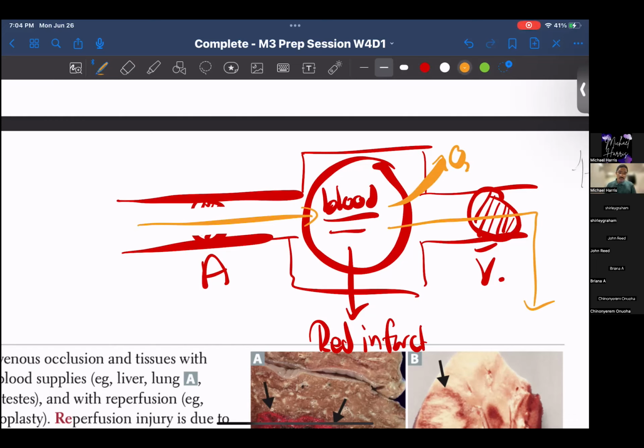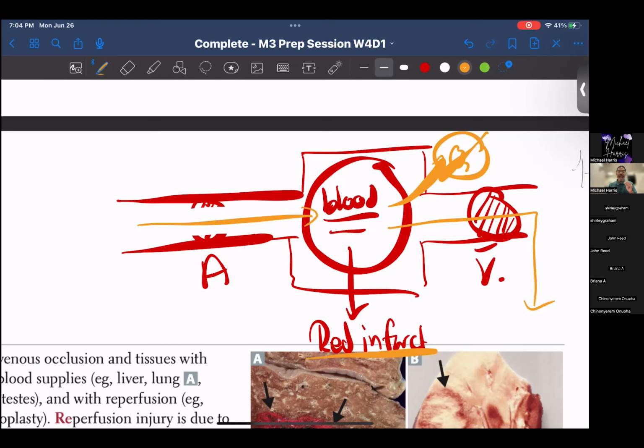So as a result, the oxygen decreases significantly, to the point that the tissue can't survive on that oxygen anymore. So it undergoes infarction. And that is what is known as a red infarct.